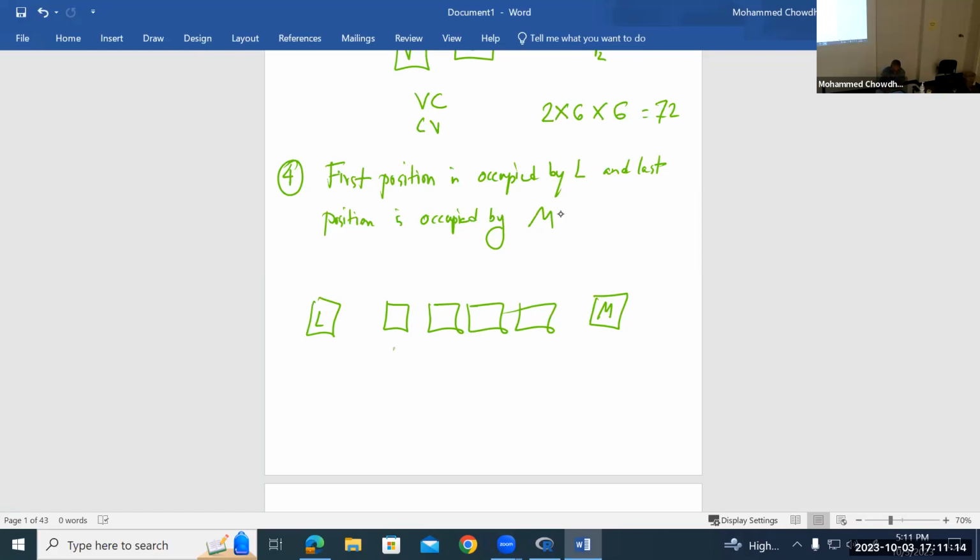So these positions are occupied by 4 letters. One of the 4 letters goes in here, then one of the remaining 3 letters, then one of the remaining 2 letters, so 24.